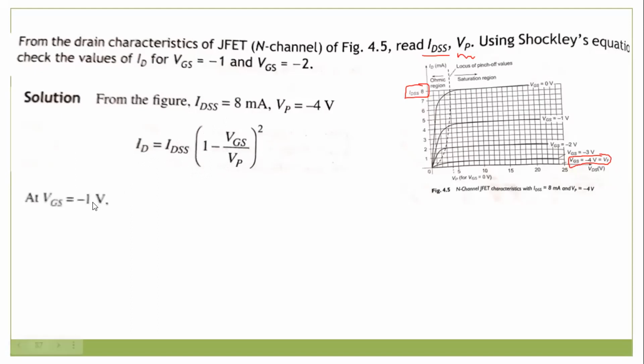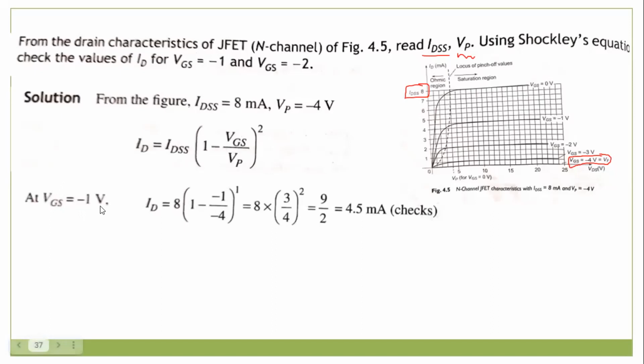Considering VGS equal to minus 1, what will be the ID value? If I substitute the IDSS value of 8 milliamps, VGS value of minus 1, and VP value of minus 4, then simplify the expression, minus and minus get cancelled, and we are left with 1 by 4. 1 minus 1 by 4 is nothing but 3 by 4.